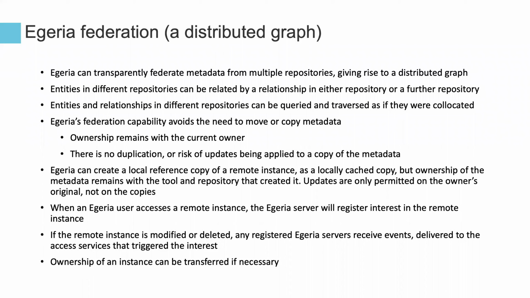So if there is subsequently an update to that remote instance by the owning repository or tool, then any registered Egeria servers will receive events delivered to their access services so that they get to see the fact that the master copy, the original copy, has been updated. So the OMRS protocol allows us to maintain currency of the reference copies.